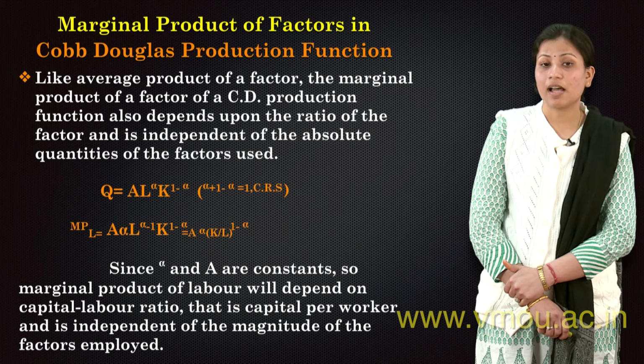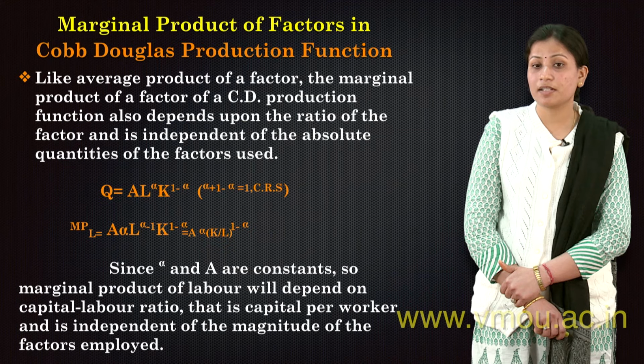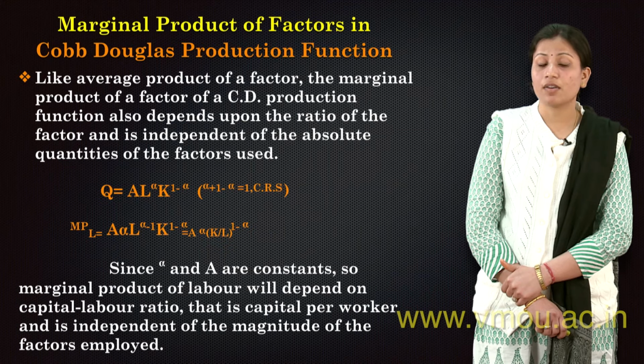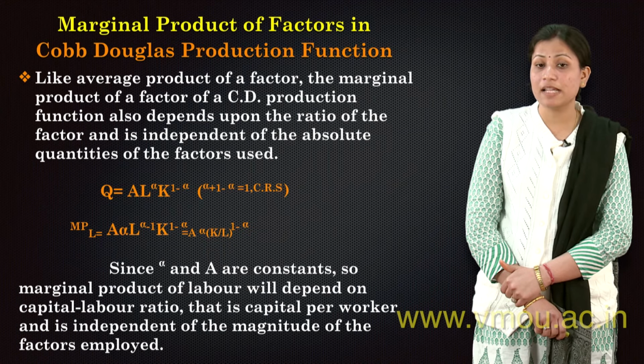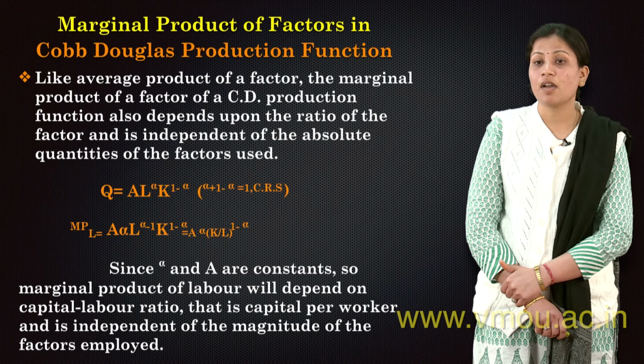Again here alpha and A are constants. So, the marginal product of a factor or labor will depend on the capital labor ratio, K by L, which means capital per worker, and it is independent of the magnitude of the factors employed.